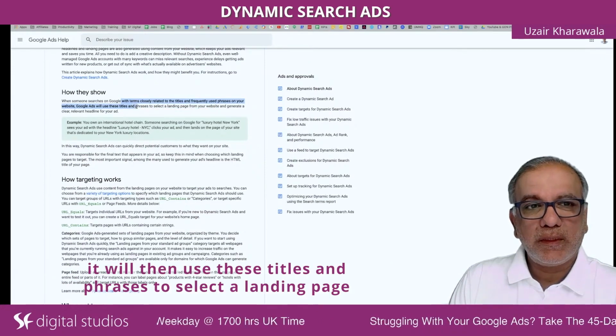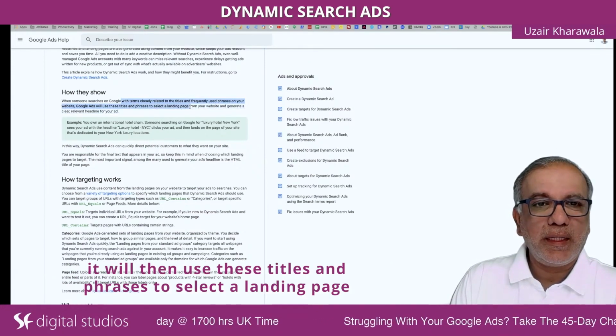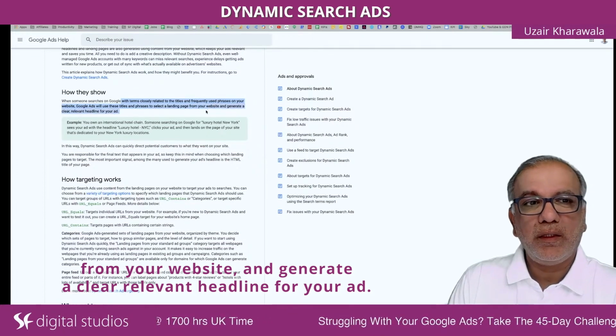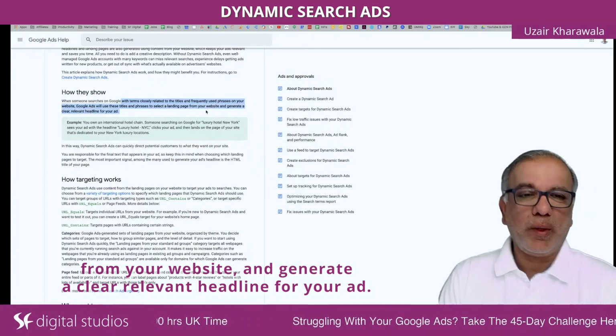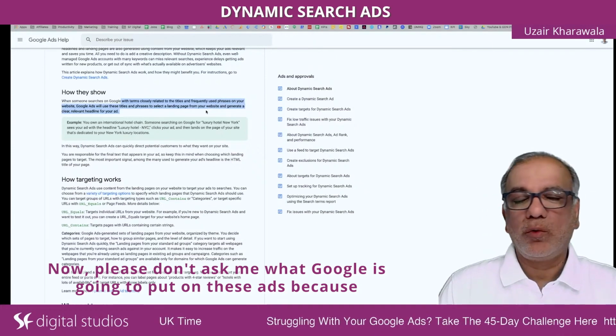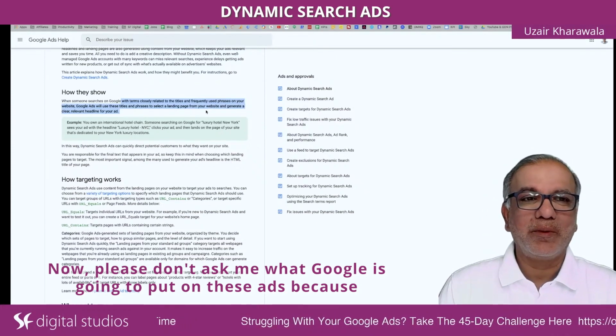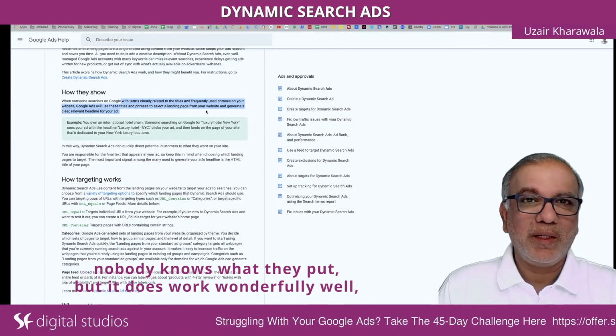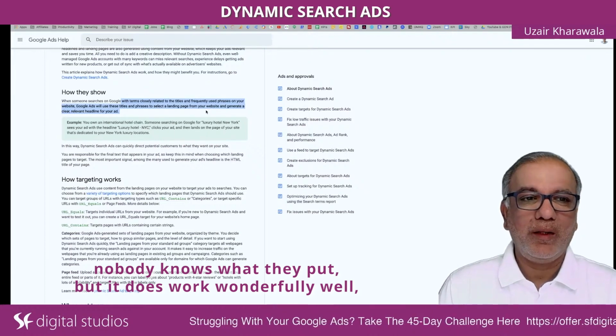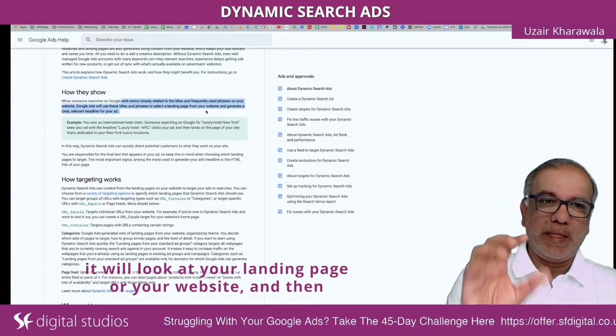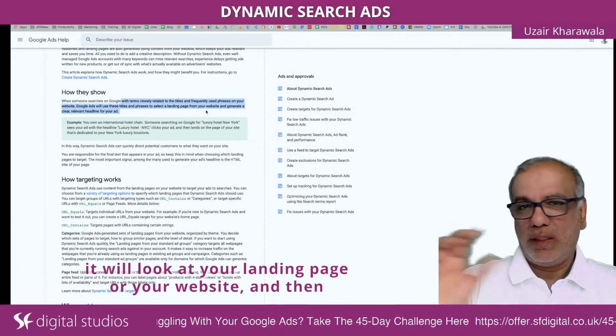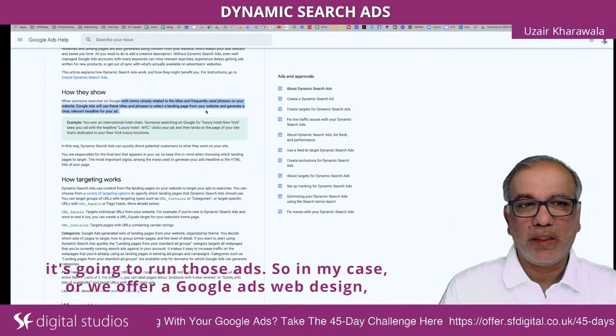We'll then use these titles and phrases to select a landing page from your website and generate a clear, relevant headline for your ad. Now, please don't ask me what Google is going to put on these ads, because nobody knows what they put. But it does work wonderfully well. It will look at your landing page or your website, and then it's going to run those ads.